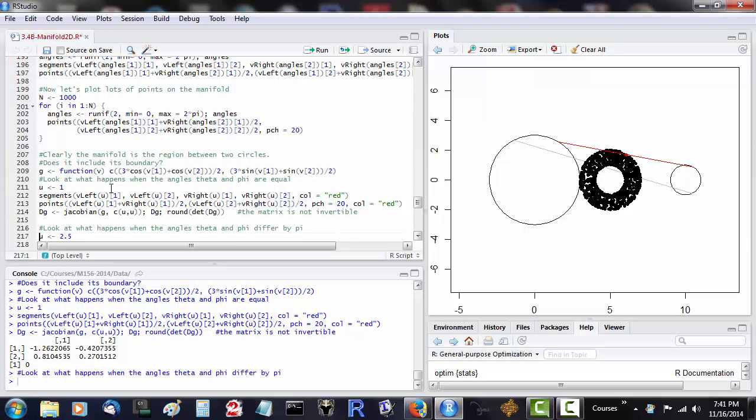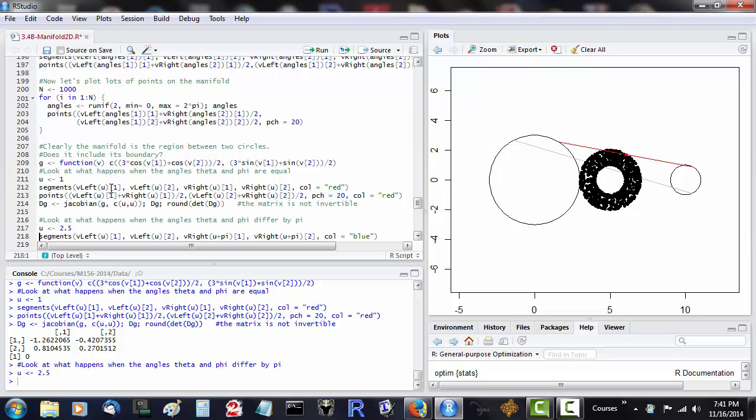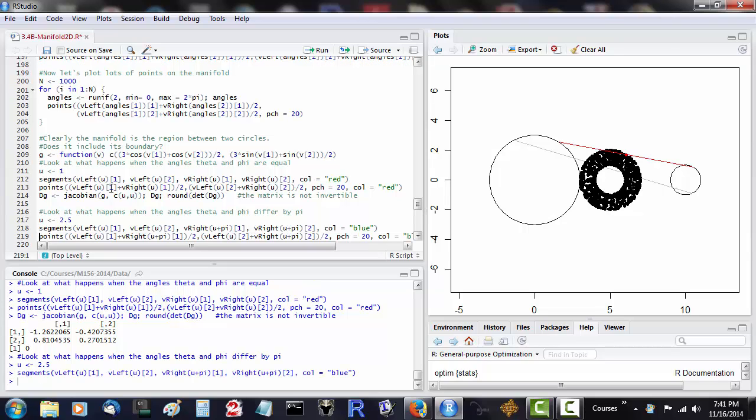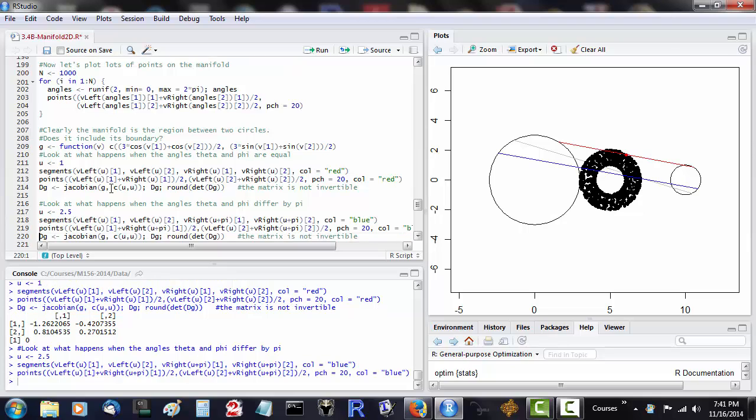There's another way for this to happen. I pick another arbitrary angle, 2.5 radians, and this time I will consider the case where the 2 angles differ by 180 degrees, by pi radians. Again, if you look at blue, you now may be able to see that the midpoint is on the inner circle.